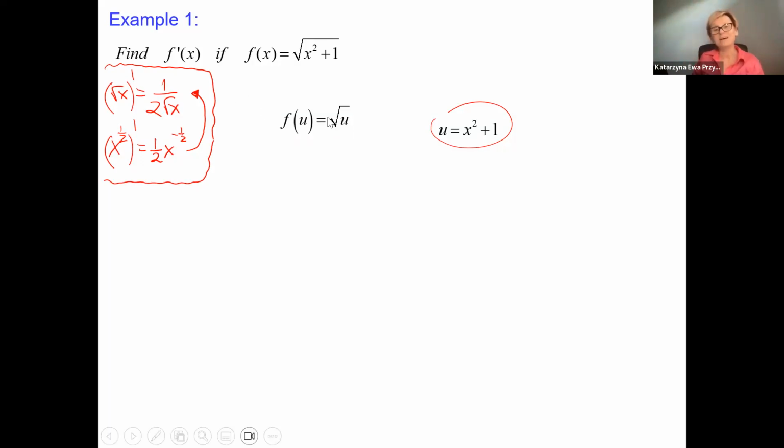That means the derivative of square root of u is 1 over 2 square root of u. This is the derivative of the outer function, times the derivative of the inner function, the derivative of that u. Remember, outer times inner. Now I can remove that u and put back the x variable, the original formula, because u was defined as x squared plus 1.